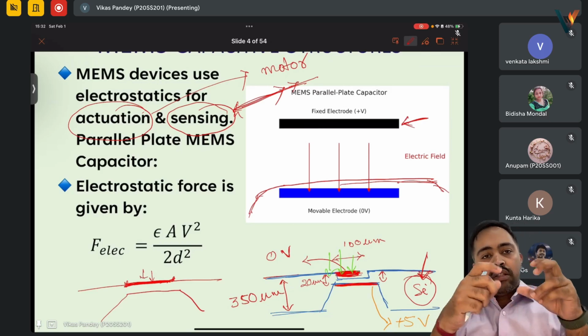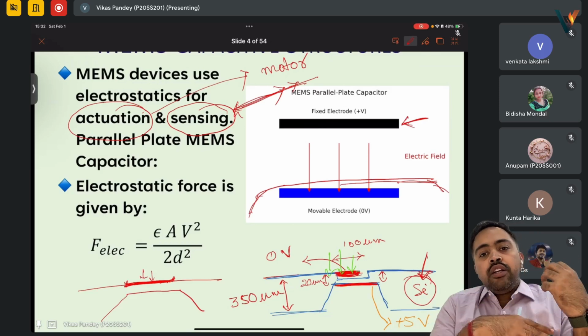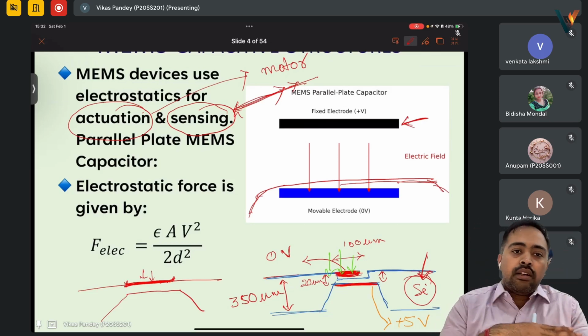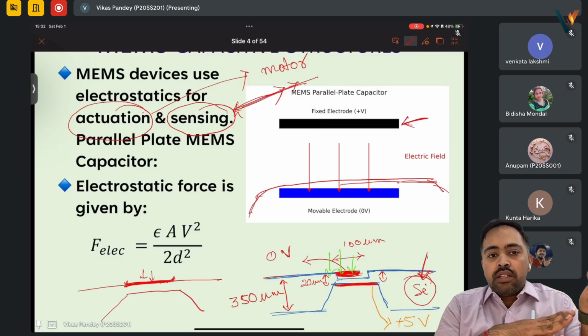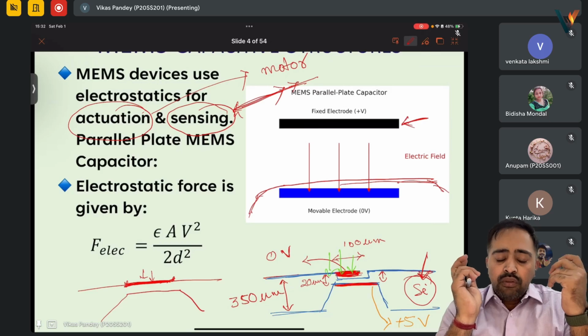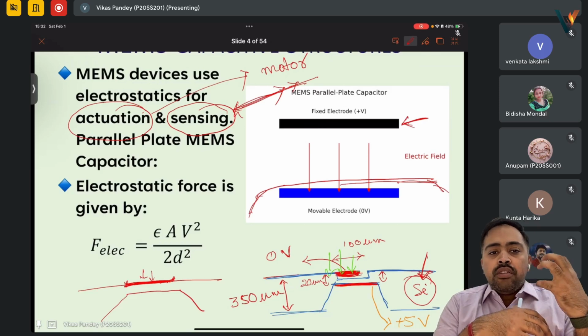Due to this bending, the structure will get elongated, and due to that elongation there will be a change in resistance. So that also is a way of sensing, using resistance or piezoelectricity as the sensing mechanism.